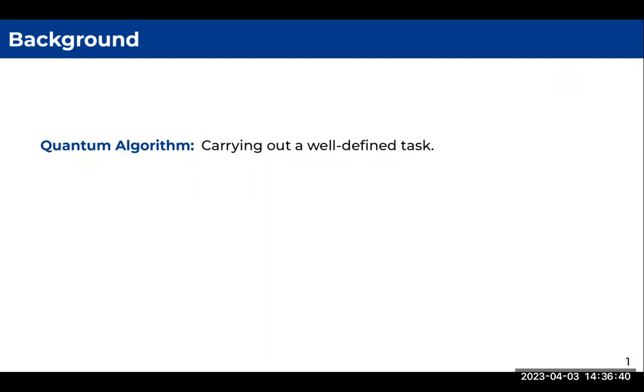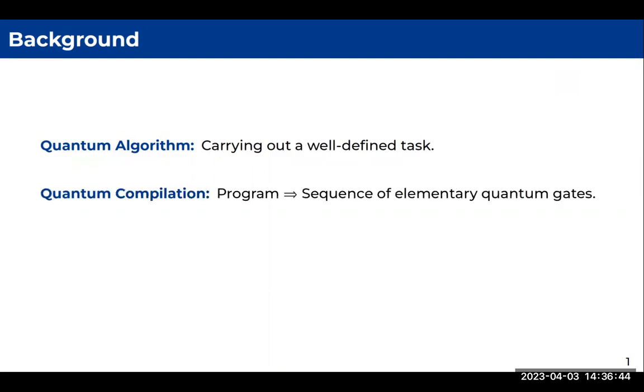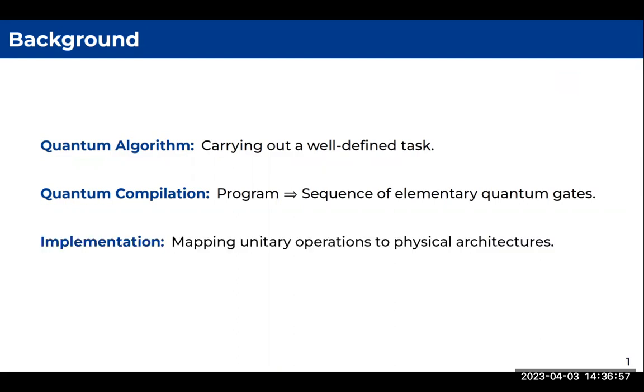And finding a quantum algorithm itself is very hard. But if you have a quantum algorithm, you want to translate it from a human-understandable language to something a quantum computer can understand, which corresponds to a sequence of elementary gates. And then finally, once we have this design in terms of the building blocks, the quantum engineers in different companies need to map it to the physical architectures that they are working with.